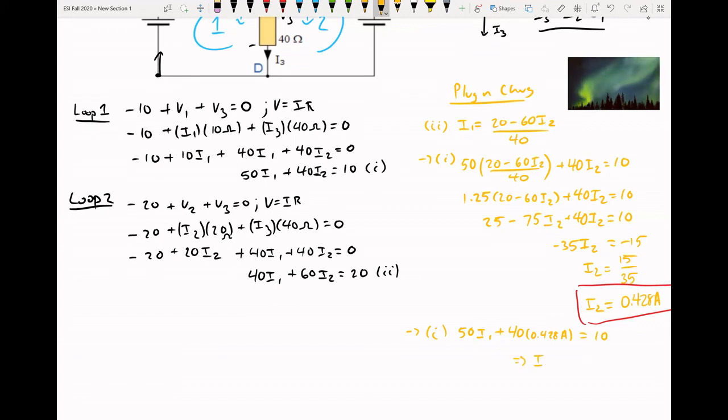Therefore, I1 should give us negative 0.1424 amps. All right. So what does that actually mean?